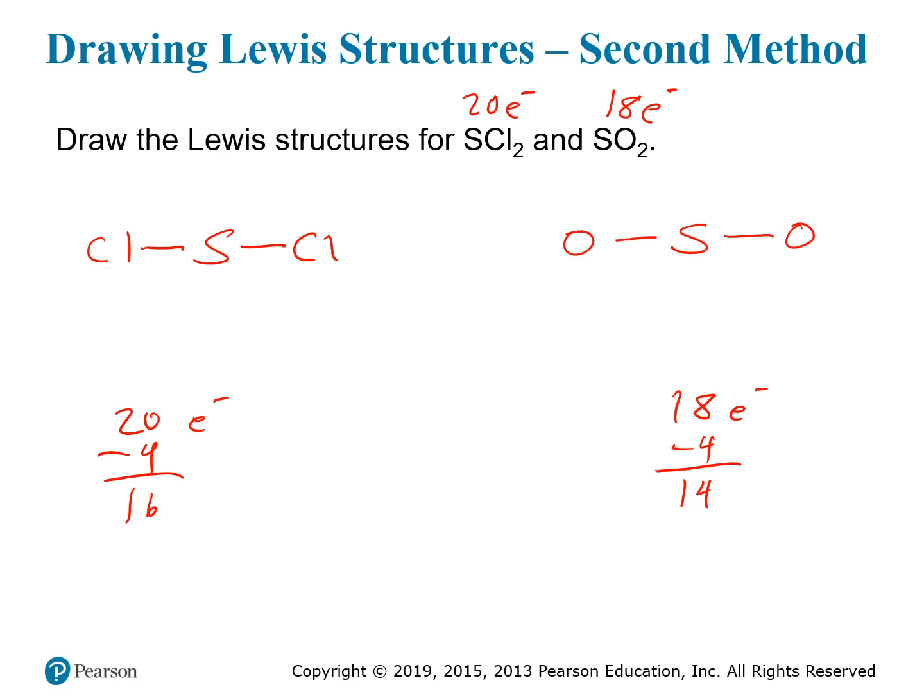Then the next thing that we can do is really just put in the rest of the electrons. We don't want to think about double or triple bonds yet, so we're just going to think about adding the rest of the electrons in. We do that starting with the central atom and then going to the outside. So we're going to add 2 pairs to sulfur to make that 8. That's going to be minus another 4, which gives us 12 left.